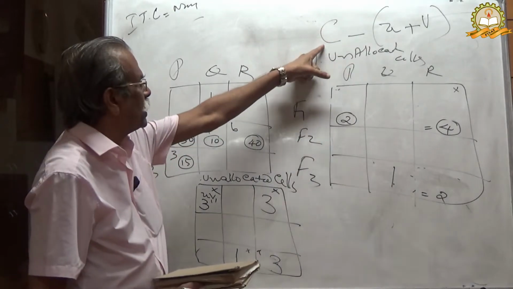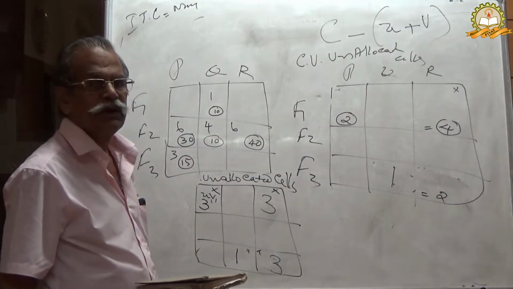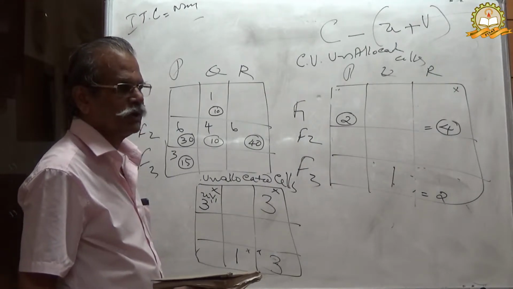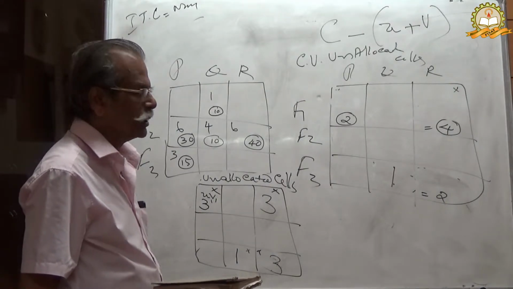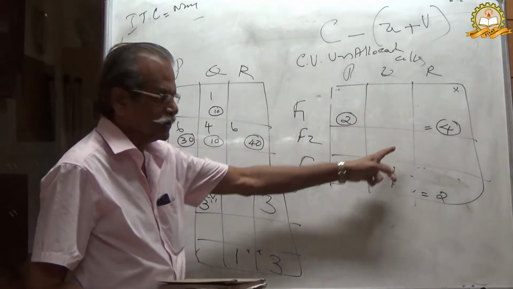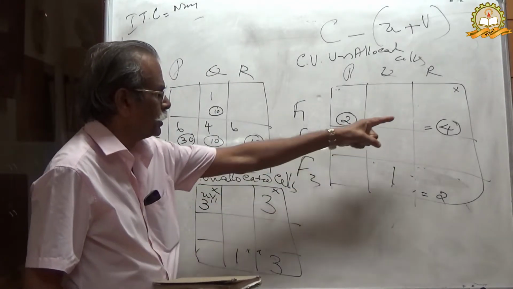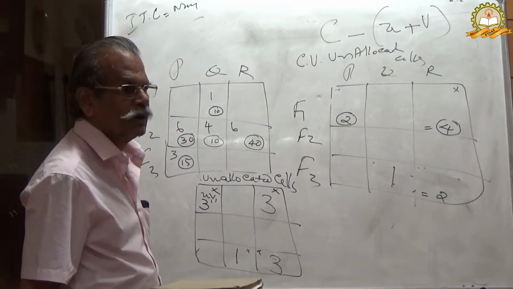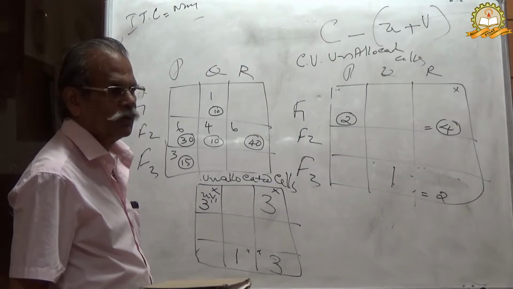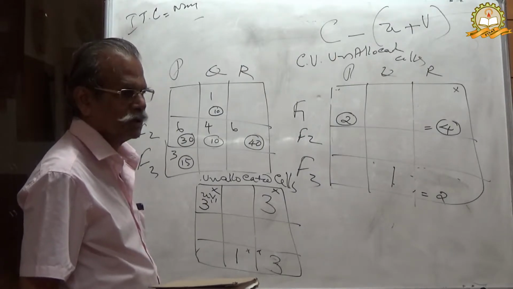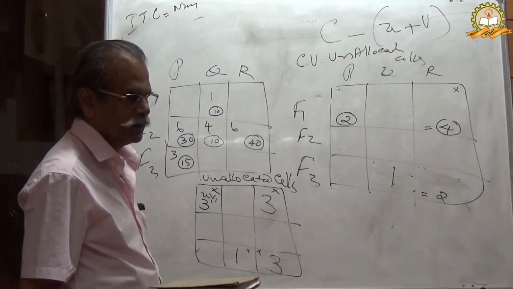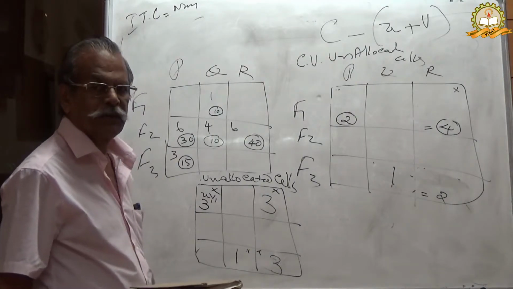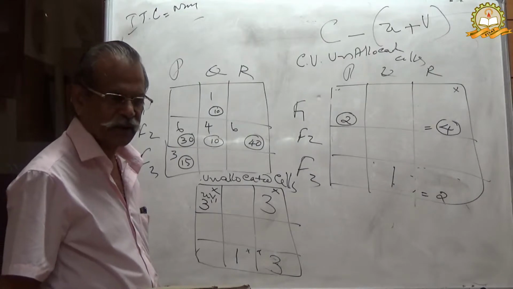Using the formula C minus (U plus V), we got all positive values, which shows that the optimality test is satisfied.